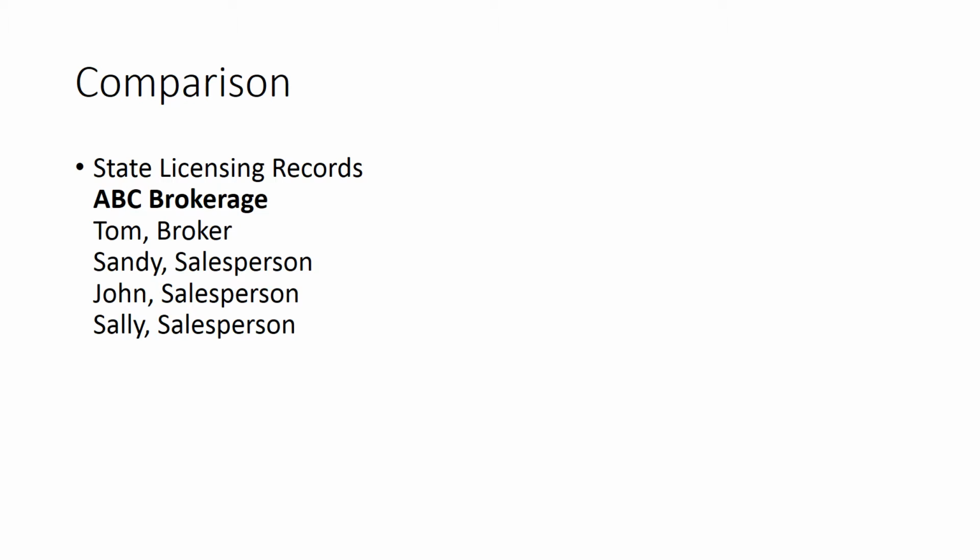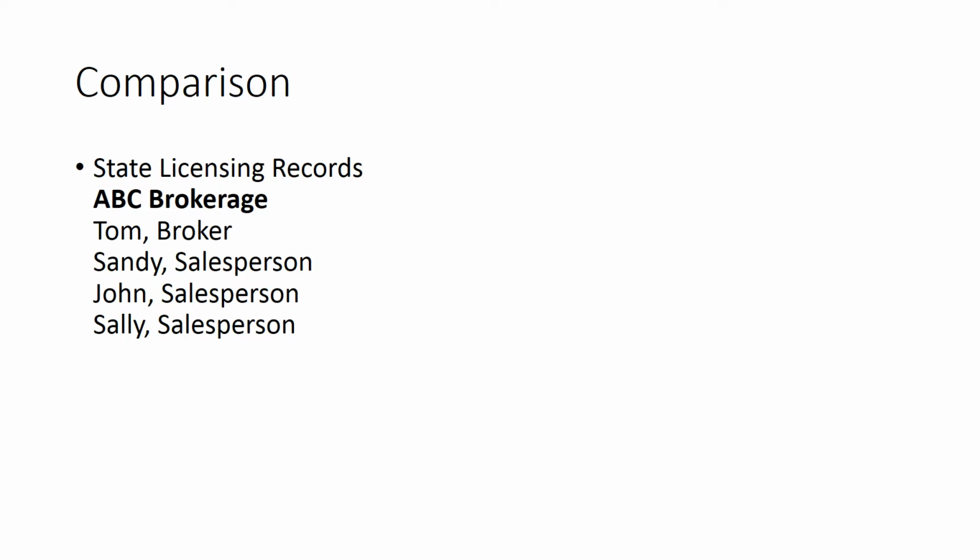Let's say that the state licensing records have a record for an ABC brokerage. This is a brokerage that's owned by Tom, and he has 3 salespeople associated with that brokerage. And those are all registered licensees, but at the same time, Tom is also a realtor.